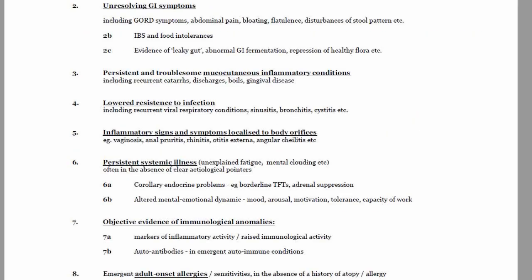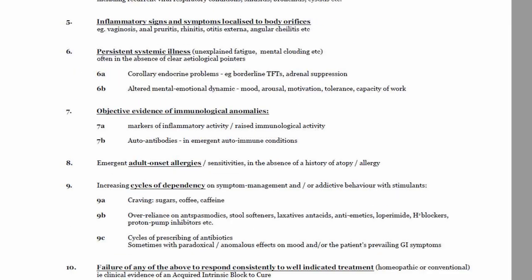So you should have a look at these: the etiology, the unresolving GI symptoms, the persistent and troublesome mucocutaneous and inflammatory conditions, lowered resistance to infection, inflammatory signs and symptoms localized to body orifices, persistent systemic illness, objective evidence of immunological anomalies, adult onset allergies, cycles of dependency, and failure of any of the above to respond consistently to well-indicated remedies.